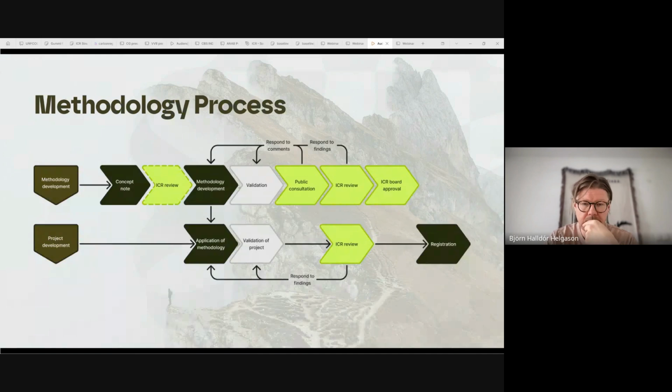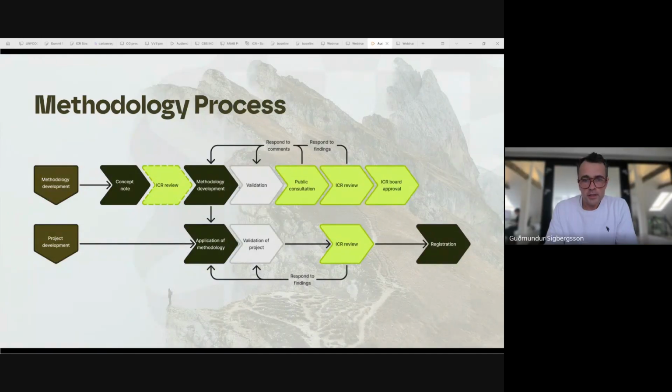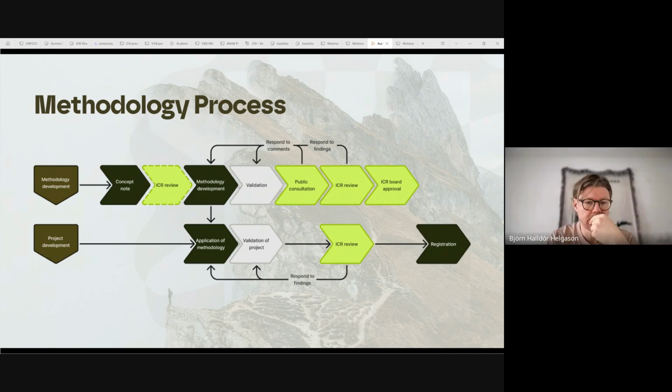The methodology approval process starts with a submission of a concept note, which ICR reviews and provides feedback on.